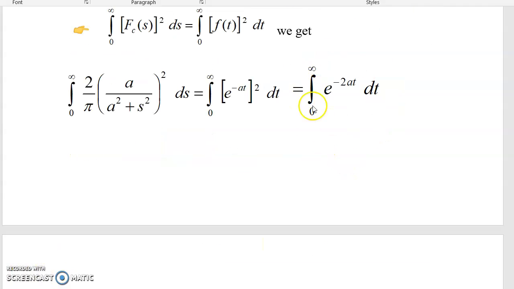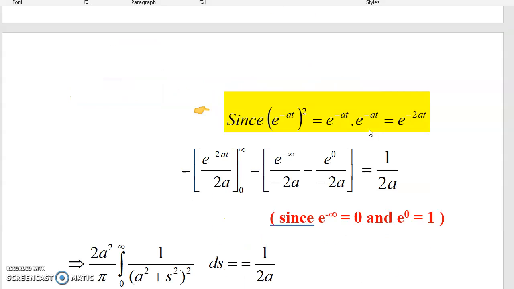So this e power minus 2at, when we integrate, we have e power minus 2at divided by minus 2a. So divided by minus 2a, now we have to apply the limit from 0 to infinity. So the upper limit, in the place of t, you have to put infinity. So here you have e power minus infinity by minus 2a minus lower limit. In the place of t, we have to put 0.